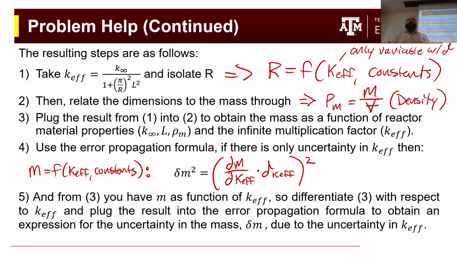So you'll get an expression for M. You could take the derivative of that to get dM/dK. And then the uncertainty in K is another quantity that's given. And then from here, you can get an expression for what that mass uncertainty is. So your final answer is just going to look like this simplified, where you say the uncertainty in mass is some expression that depends on constants, K effective, and the uncertainty in K effective.